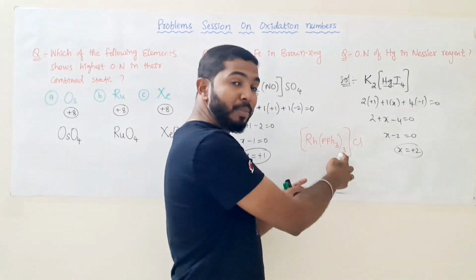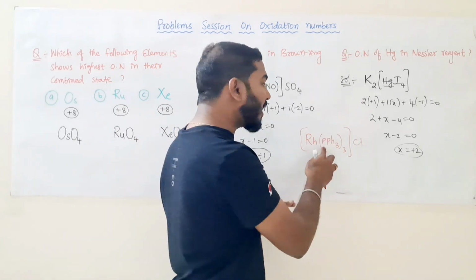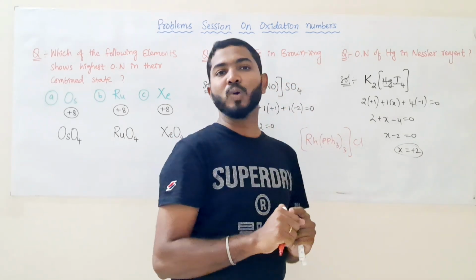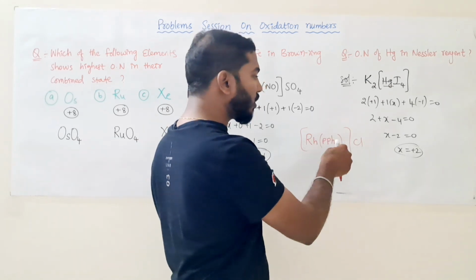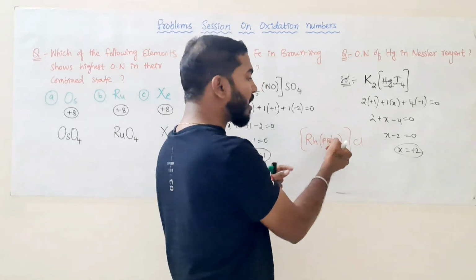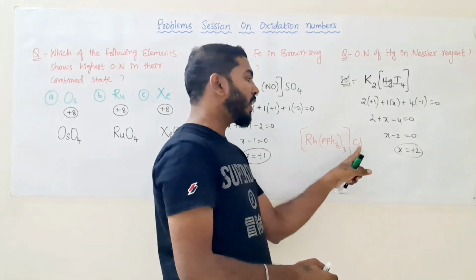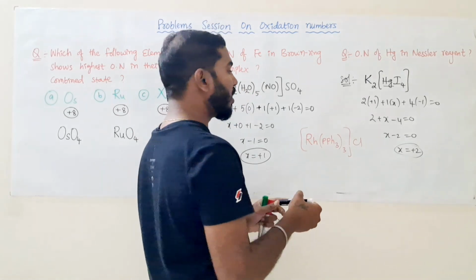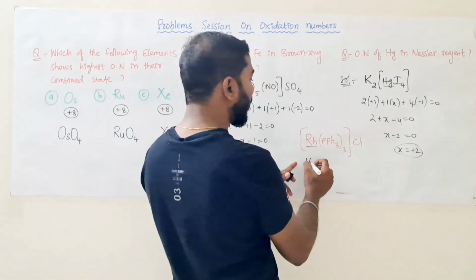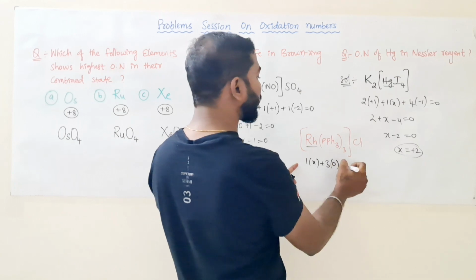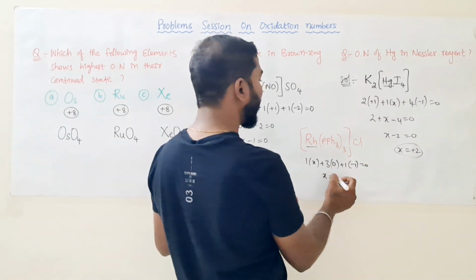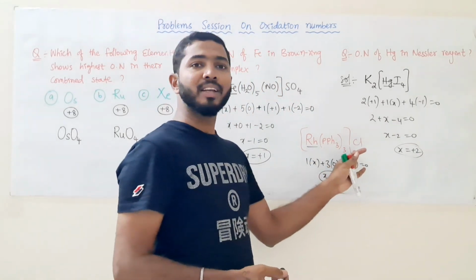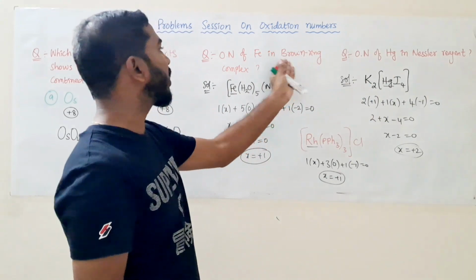We have 3 such triphenylphosphine molecules, but PPh3 is also a neutral ligand. So there is no contribution of oxidation number from triphenylphosphine, whereas the chlorine will be taking -1. So the oxidation number of rhodium is 1 into x plus 3 into 0 plus 1 into -1 is equal to 0. x is going to come out as +1. So this is called Wilkinson catalyst, this is called Nessler's reagent, this is called the brown ring complex.